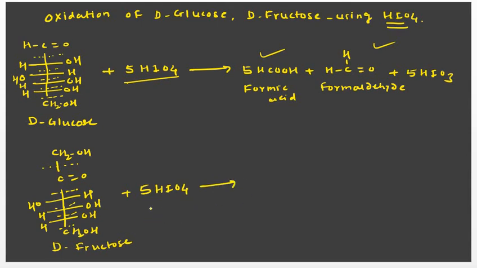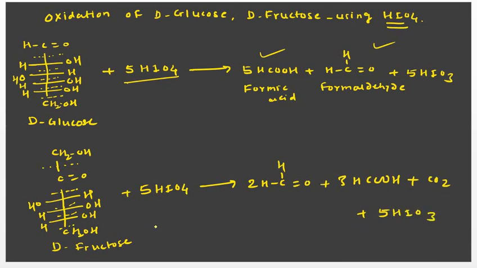So when this D-fructose is treated with these 5 HIO4, again here we get 2 HCH double bond O, that is formaldehyde, plus we get 3 moles of formic acid, okay, plus 1 mole of CO2 plus 5 moles of HIO3.